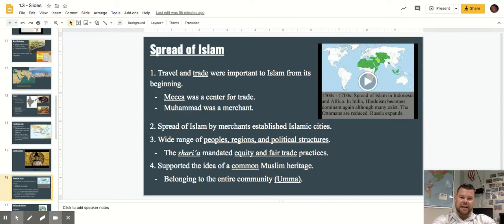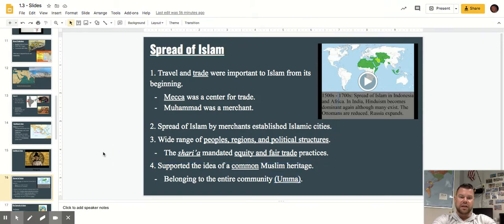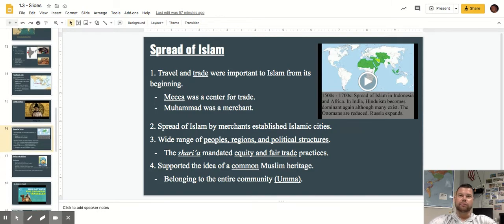Really, one of the key concepts here was the building, and this was a term used from the Prophet Muhammad, the Ummah, or the community, and creating this close-knit Muslim community where anyone who is a Muslim around the world is part of that same type of, I guess, moral code, united by their faith in Allah, as well as understanding that Muhammad was his prophet.